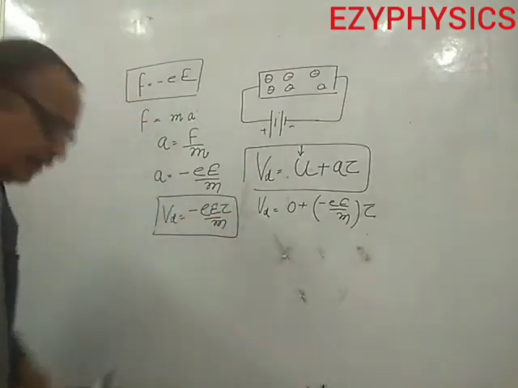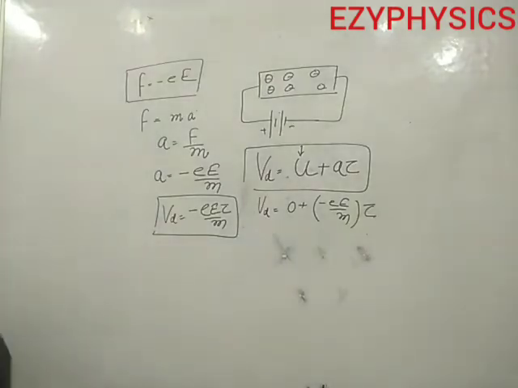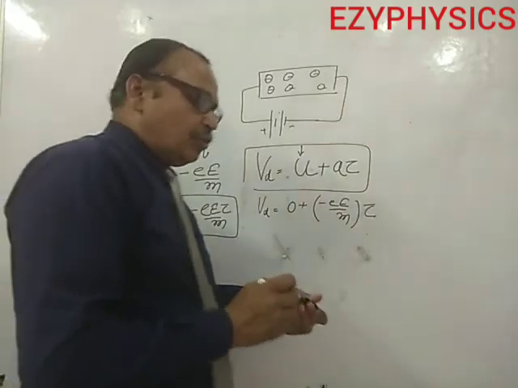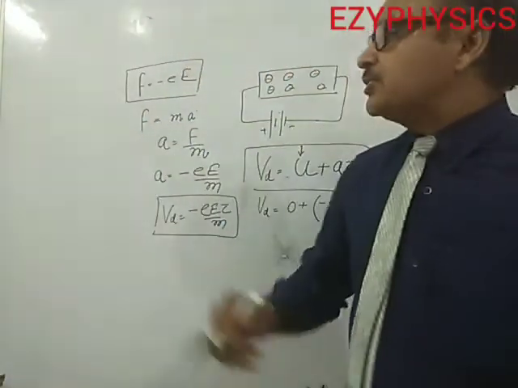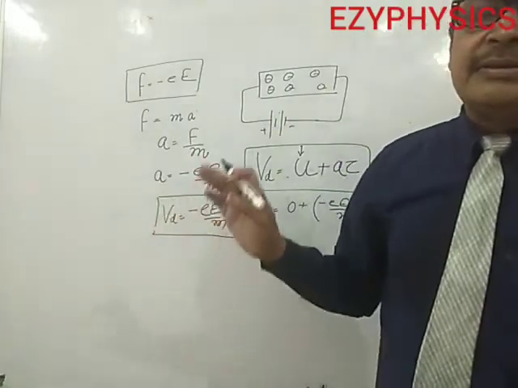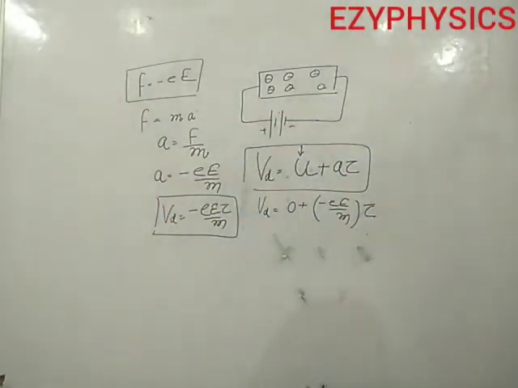Is it clear? After this, we will continue with another topic, which gives the relation between the drift velocity and the current.